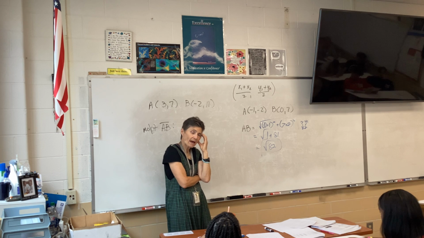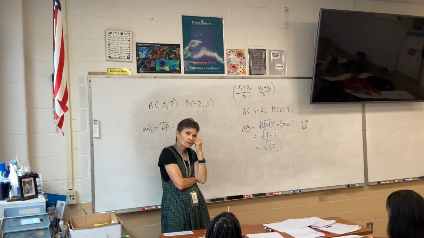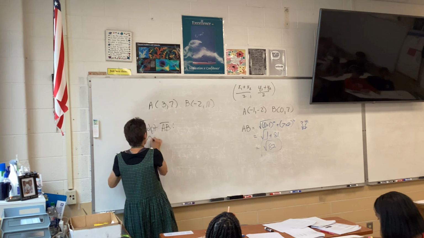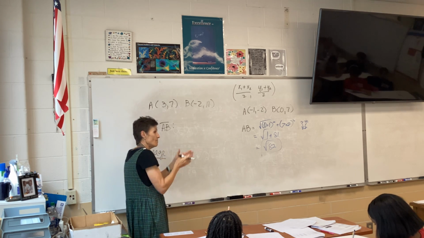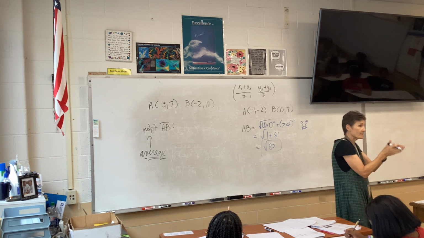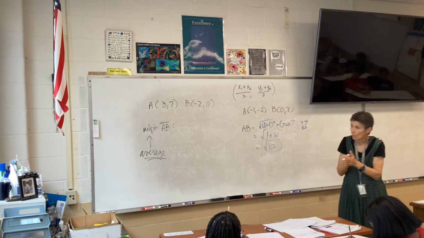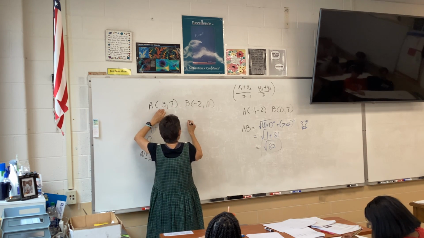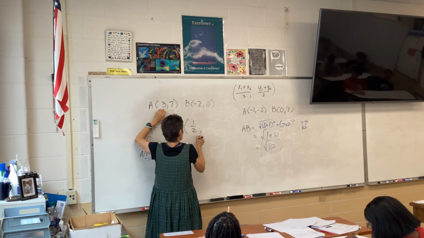What do we call that when we add 2 things and divide by 2? Average. Finding the average. Midpoint is average. If you just remember that the middle value, the midpoint, is the average, you're all set. So average the x's. 3 and negative 2 is 1, divided by 2.